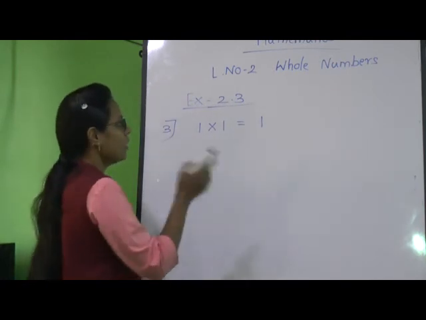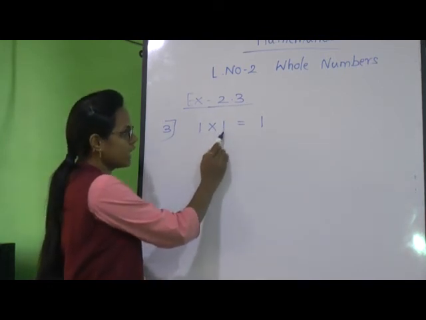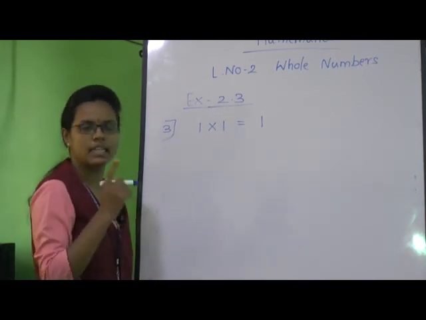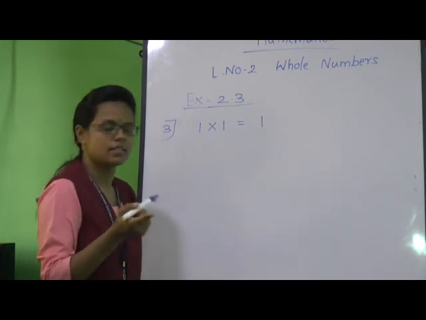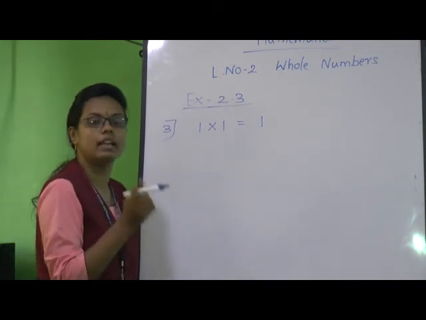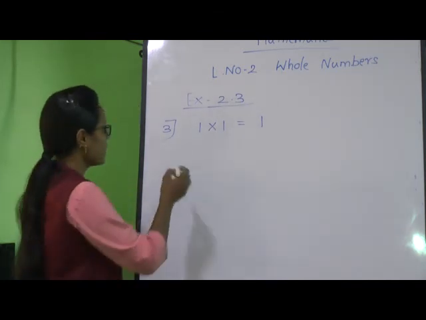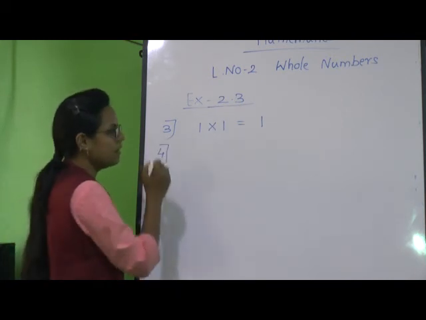Can the numbers being multiplied be 1? Yes, both numbers should be 1, so that we get the result as 1. Okay. So let us see the next example.